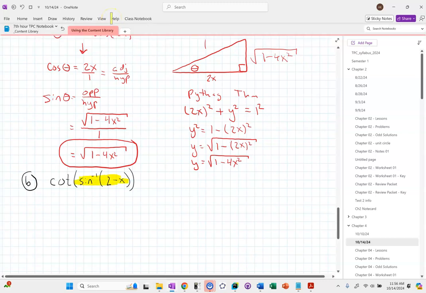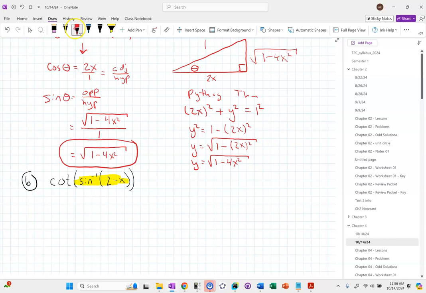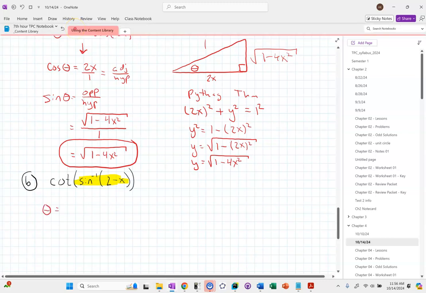So again, I'm going to start with the inside. And I'm going to use that inside to draw a right triangle.